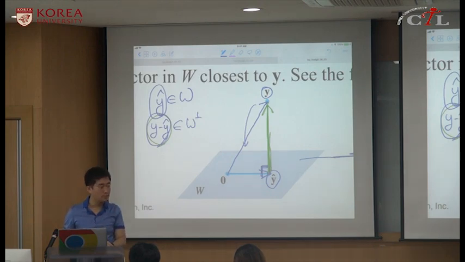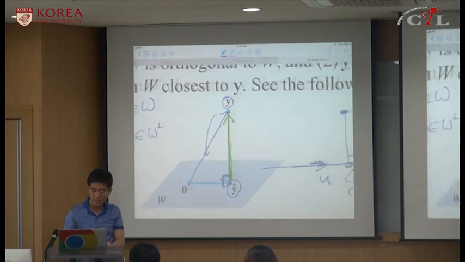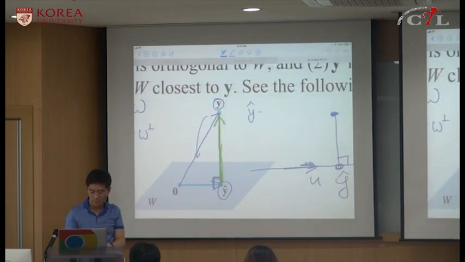Okay, so in this chapter, we will study how to represent this y hat. Previously, how was y hat represented? y hat was the projection of y onto a line spanned by u, right?